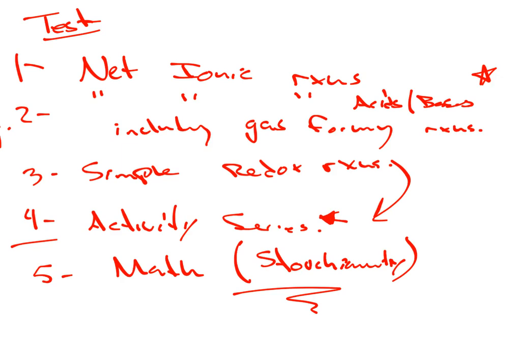These top 2 are much more difficult. That's why we spent way more time on them, and they're much more important to your AP overall score than these are. So as far as what you care on the test, these are probably 40% of your score. These are probably 10, and the math is the other 50. You okay with that? Okay.